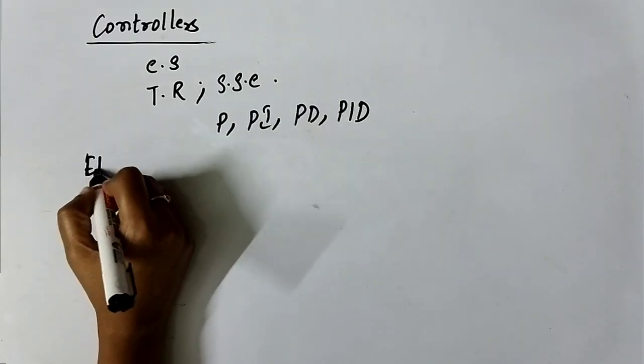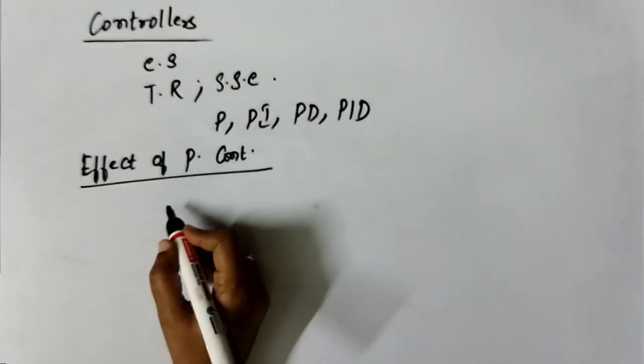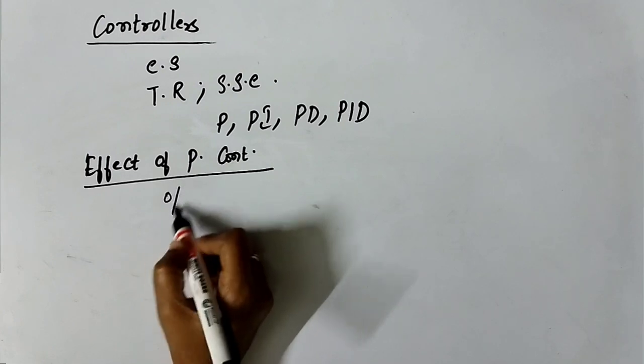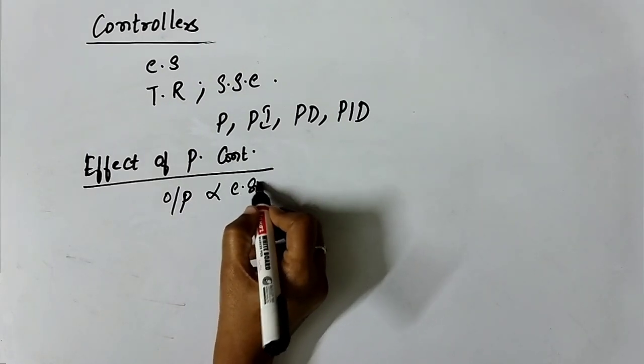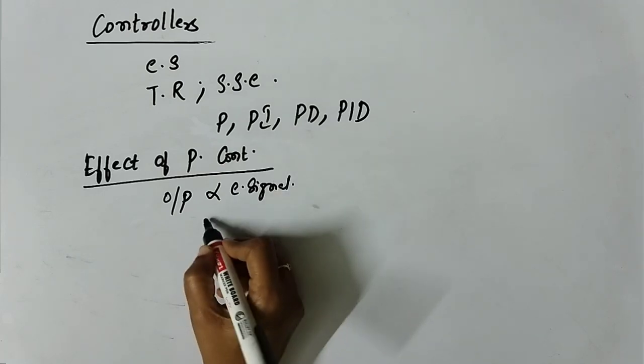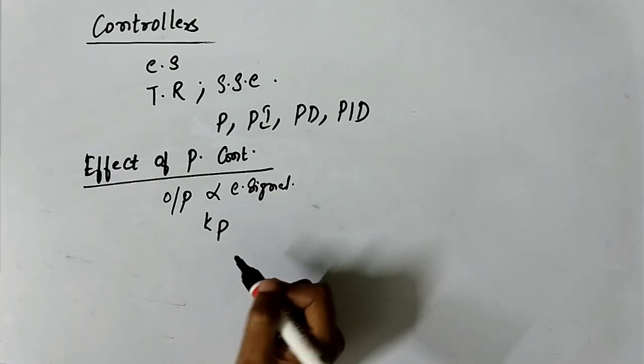Now we'll learn about the effect of the proportional controller. The proportional controller produces an output signal which is proportional to the error signal, and the transfer function is given by Kp, and this term is called the gain of the controller.